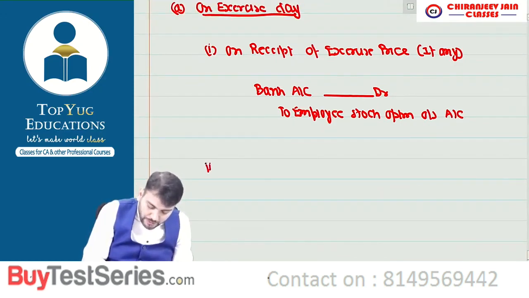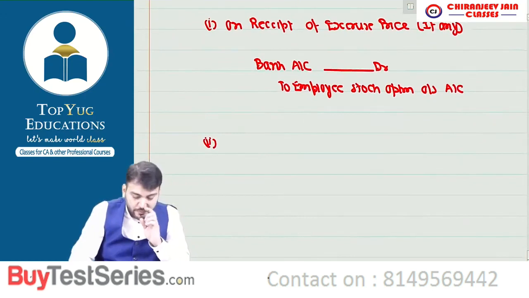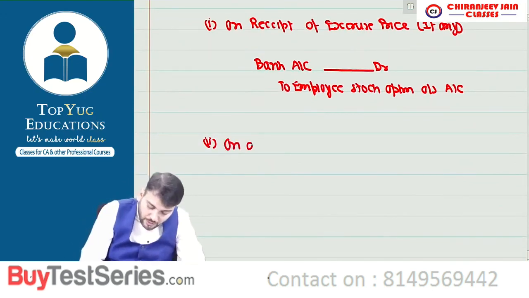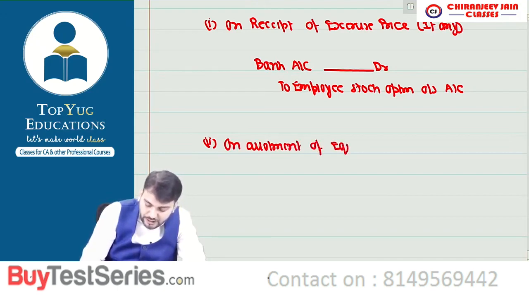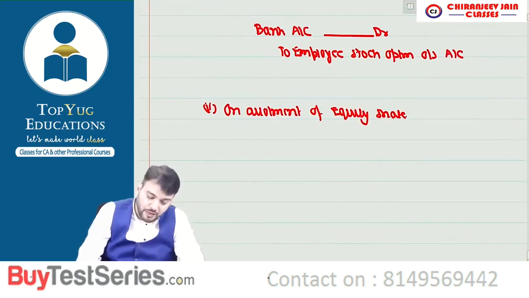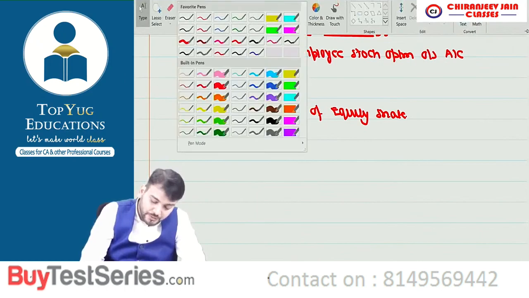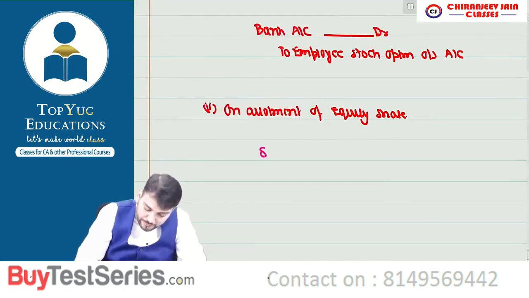Then point number 2, on allotment of equity shares. What journal entry will we pass?